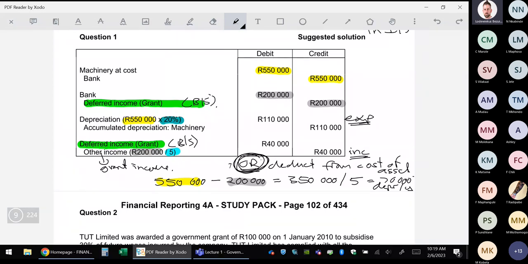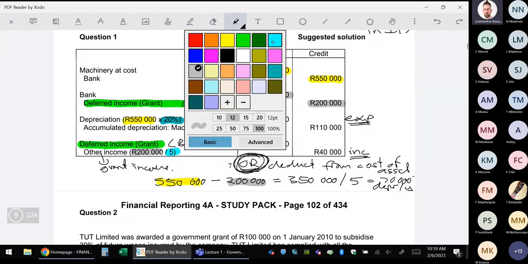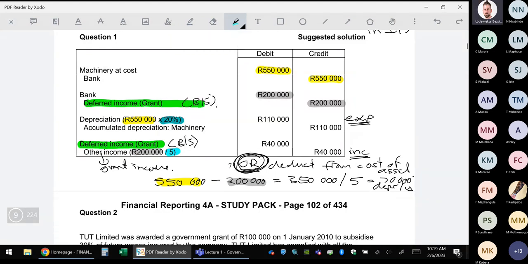And then we use the useful life of 5 years to calculate depreciation. So can you see if we deduct it from the cost of the asset, the expense in the income statement is 70,000. And that is the same as those two, expense of 110 and income of 40,000. So it is the same information, just different accounting.